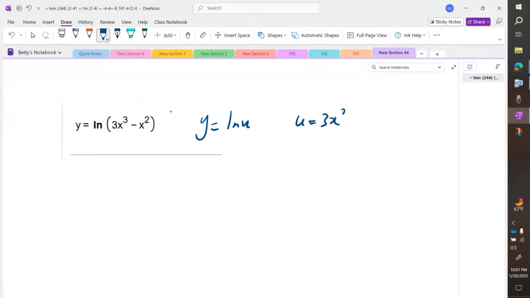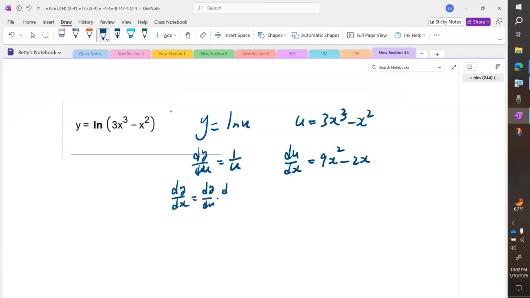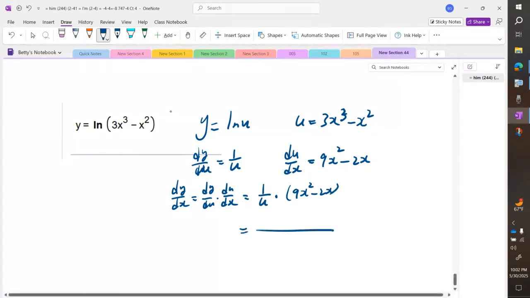Inside function, u equals 3x cubed minus x squared. dy/du is 1 over u. du/dx is 3 times 3 is 9x squared minus 2x. dy/dx is dy/du times du/dx: 1 over u times 9x squared minus 2x, where u is 3x cubed minus x squared.